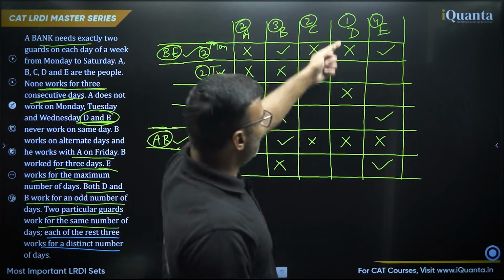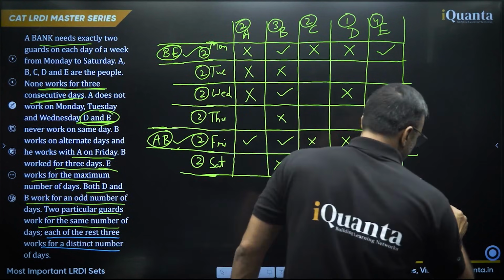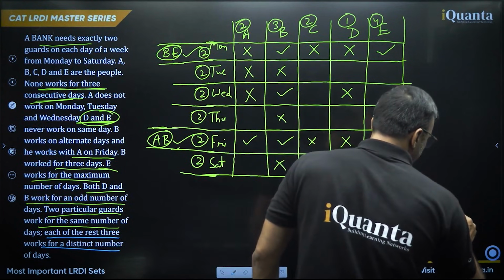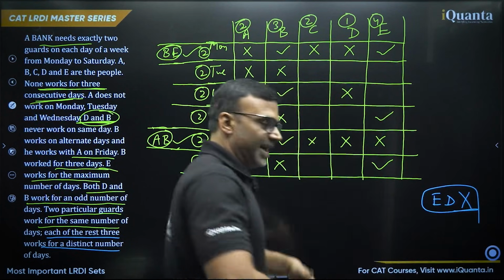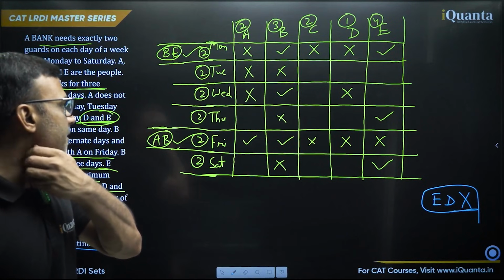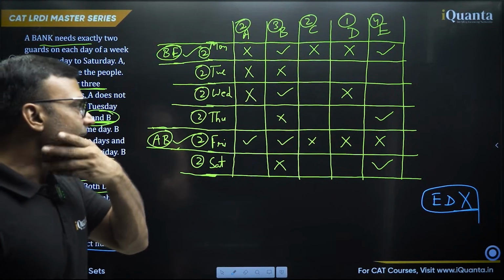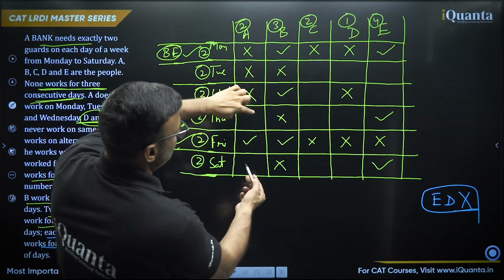D has to work only on one day, so E cannot work with him twice. You see, E cannot work with D twice. Twice is not possible, because D has to work on only one day. All right. Now what about A? See, for A, these two are the only available.